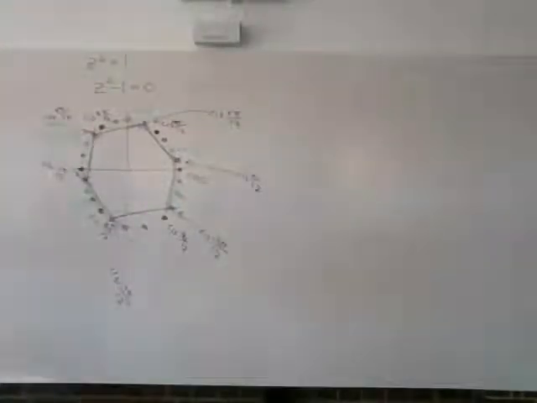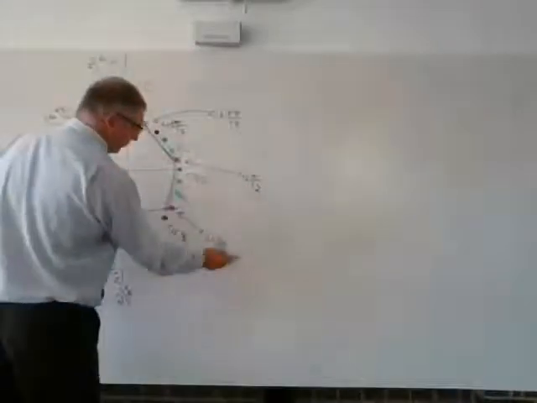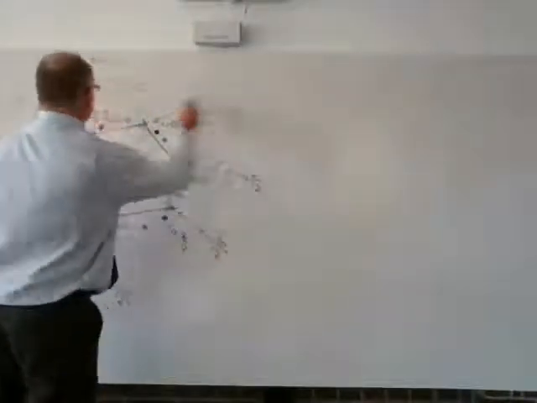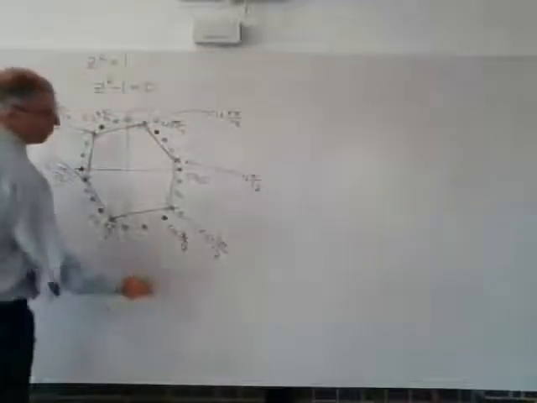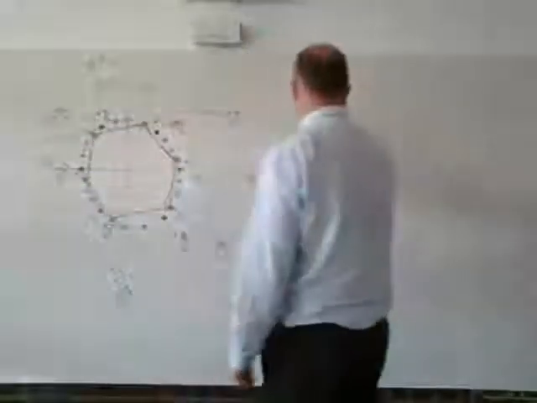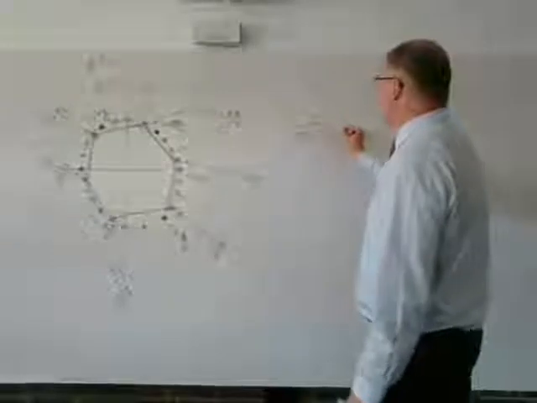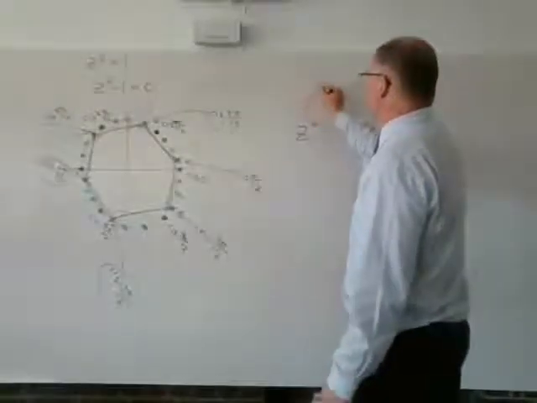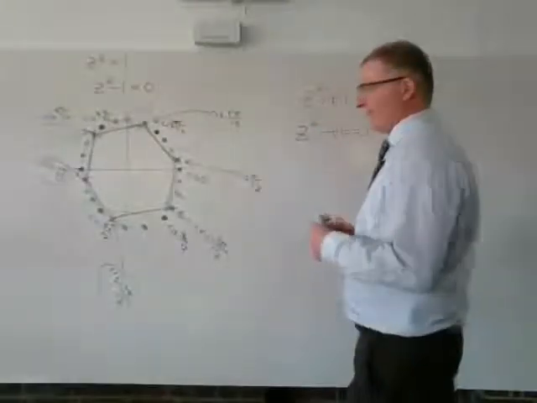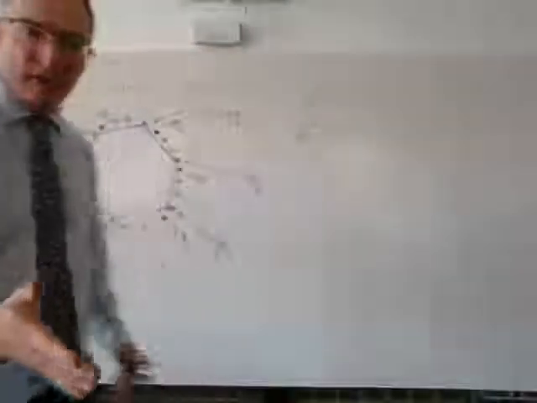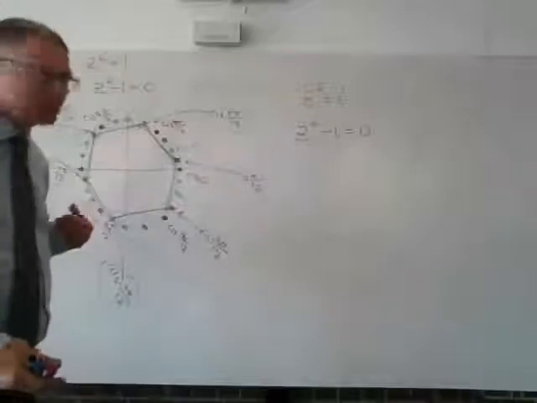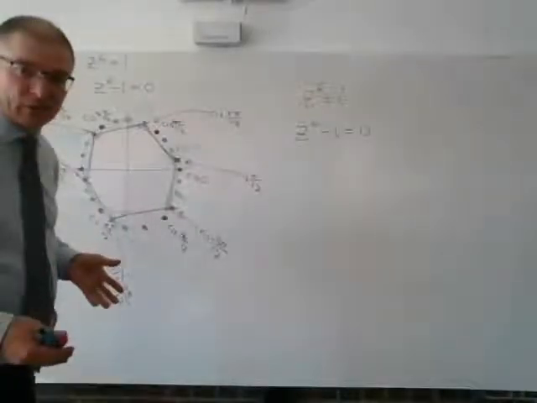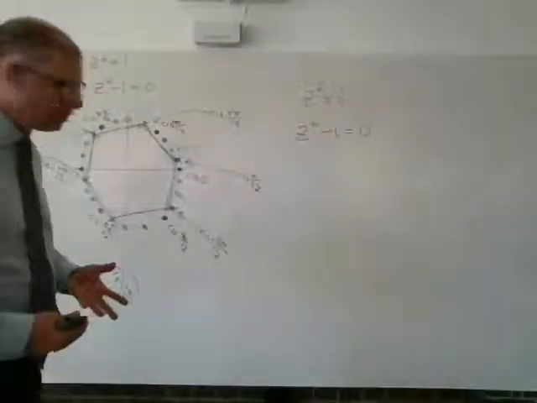And the answer is that these ones here are all the solutions to z to the 6 minus i equals 0, or z to the 6 equals i. And complicated as the diagram is, the other dots that are there will be the solutions to z to the 6 equals minus i, or z to the 6 plus i equals 0.